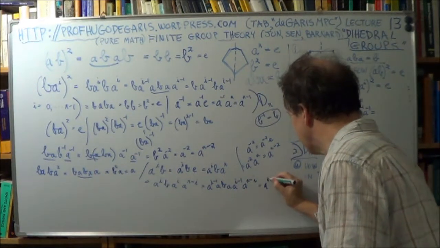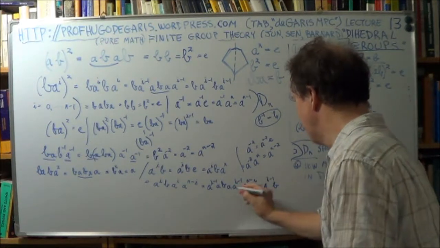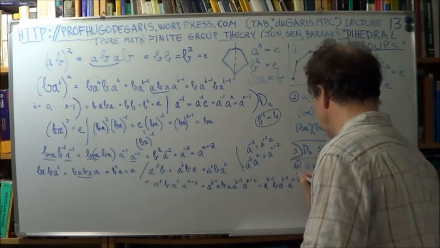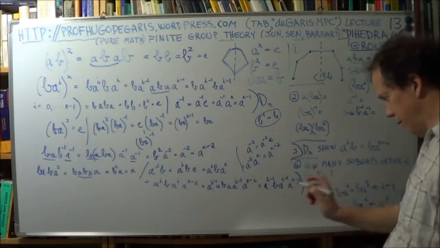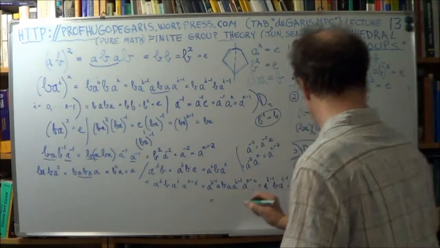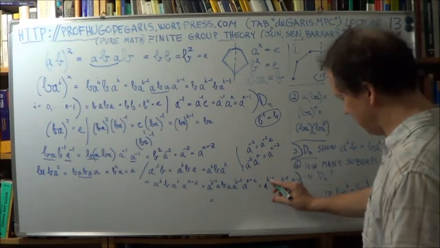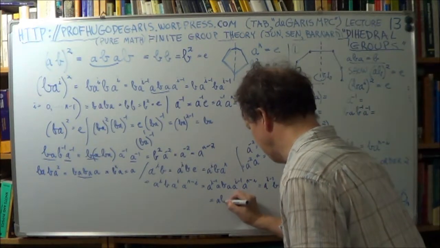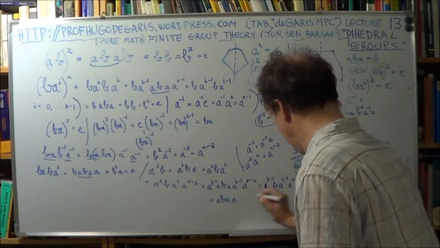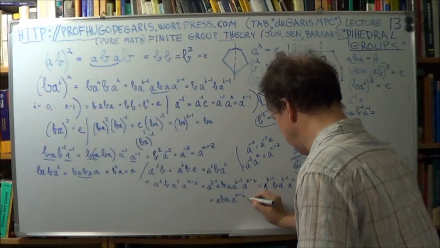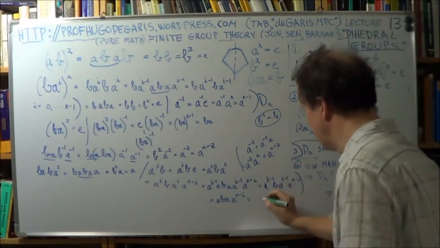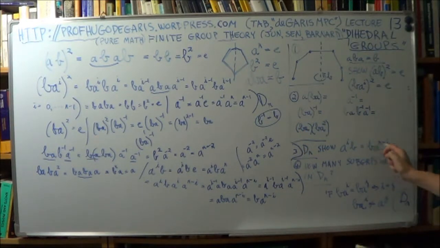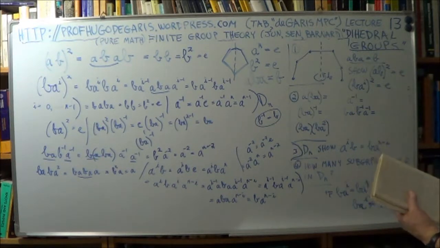So you'll get A to the I minus 1, B, A to the I minus 1, A to the N minus I. Now just keep doing that, and eventually these powers keep going down one at a time until eventually you just get ABA, and then A to the n minus I. But ABA again is just B. So B A to the n minus I. There it is. That's what you have to prove. Okay.